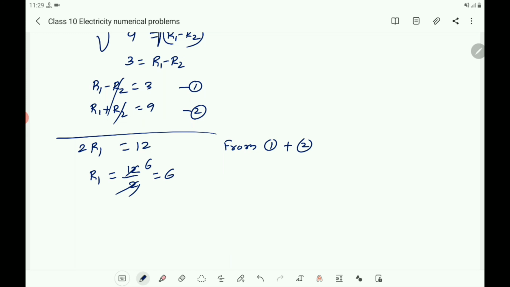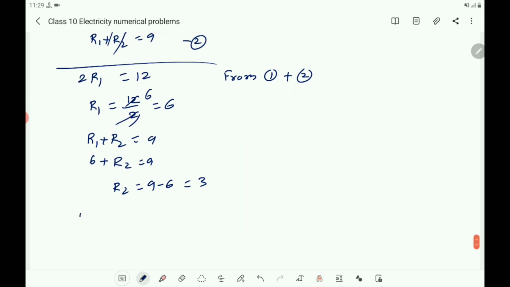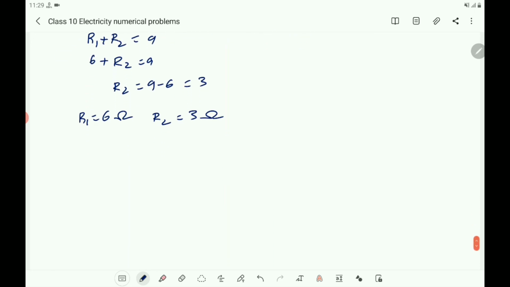Then what is R2? You know that R1 plus R2 equals 9. R1 is 6, so 6 plus R2 equals 9. Then R2 is equals to 9 minus 6 equals 3. So you got R1 equals 6, R2 equals 3. They are the resistors, 6 ohms and 3 ohms.